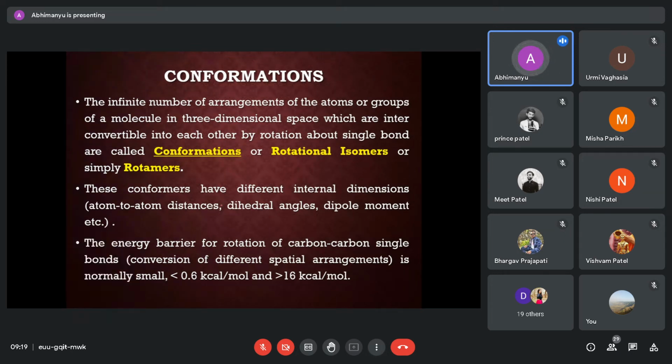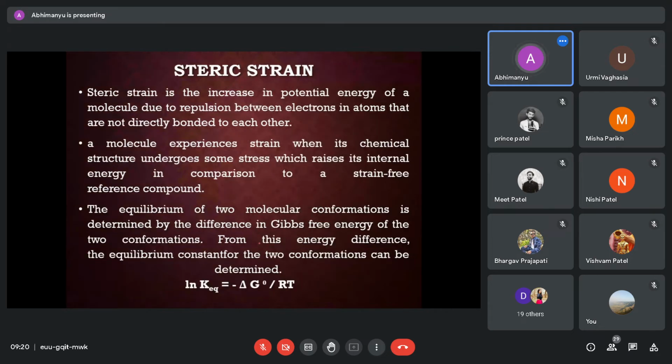Because the energy of all of them will be thermal energy, stability is different, distance is different, et cetera. And the energy barrier for rotation of a carbon-carbon single bond is normally small. Means what? It rotates continuously. So for conformations, what are the responsible factors for the stability of the conformations?